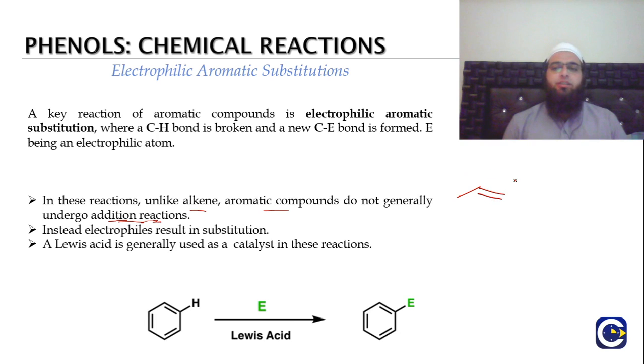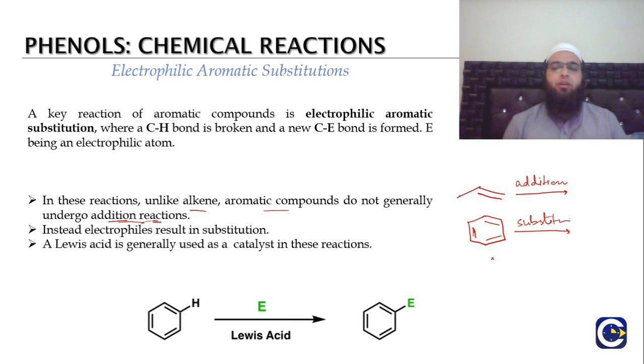The characteristic reaction of alkenes is addition across the double bond. But benzenes, which also have double bonds, do not undergo addition reaction. So addition is not a characteristic reaction of aromatic compounds. Rather, substitution takes place.